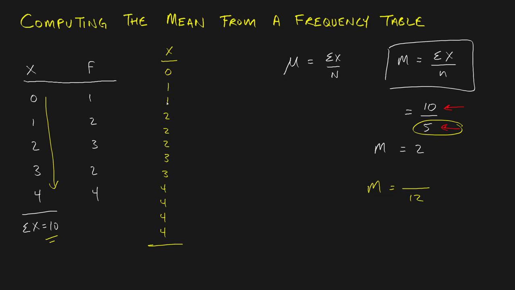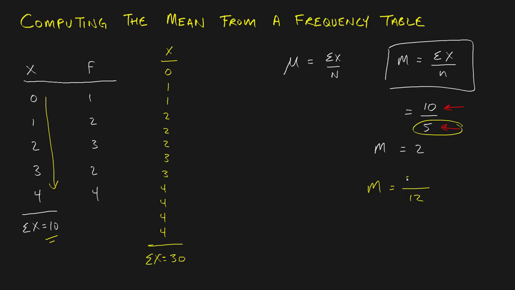I've got 1 plus 1, that makes 2. Another 2 makes 4, 6, 8, and then there's 6 here. That brings me up to 14. And 18, 22, 26, and 30. So my sum of x, if I haven't made a mistake there, I'll double check that in a moment, is 30.